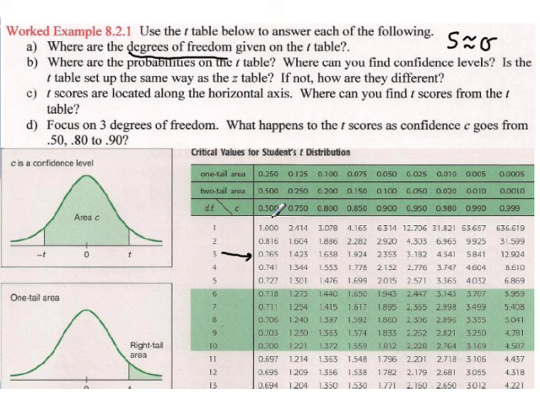If you have a confidence of 0.50, that's the area, the t-score would be 0.765. If you had a confidence of 0.80, the t-score would go up to 1.638. If you had a confidence level of 0.90, in other words, the area would be 90% in the middle of the t-table, then your t-score would go all the way up to 2.353.